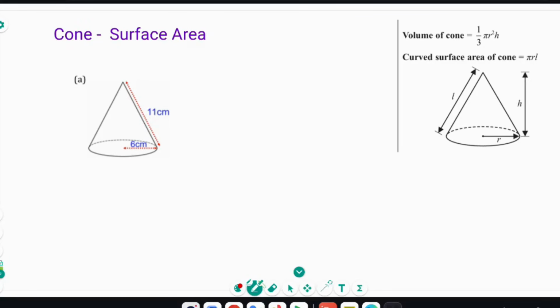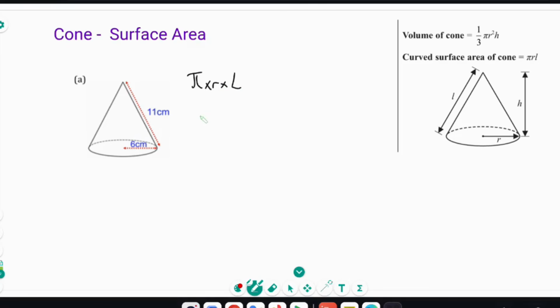Surface area of a cone. So again, we are given the formula for the surface area of a cone. It's pi times radius times L, L being the slant height of the cone, so from the tip to the circumference.